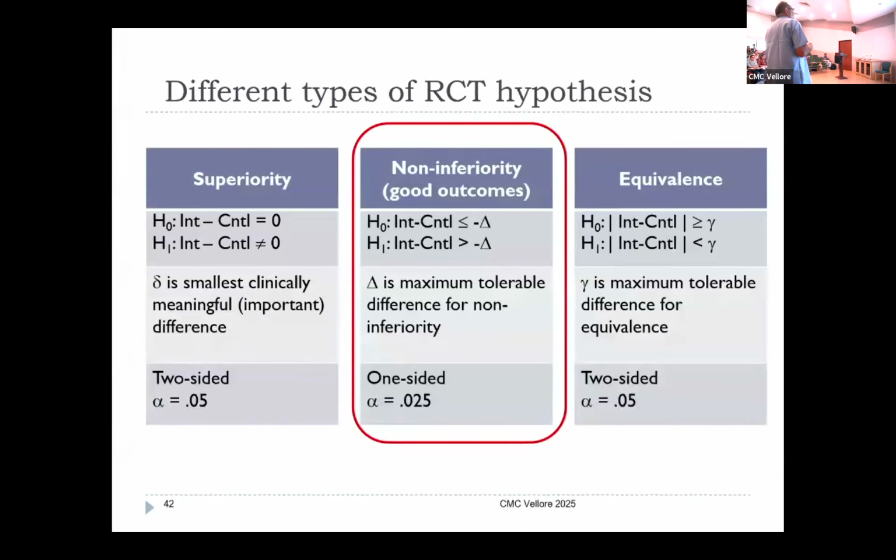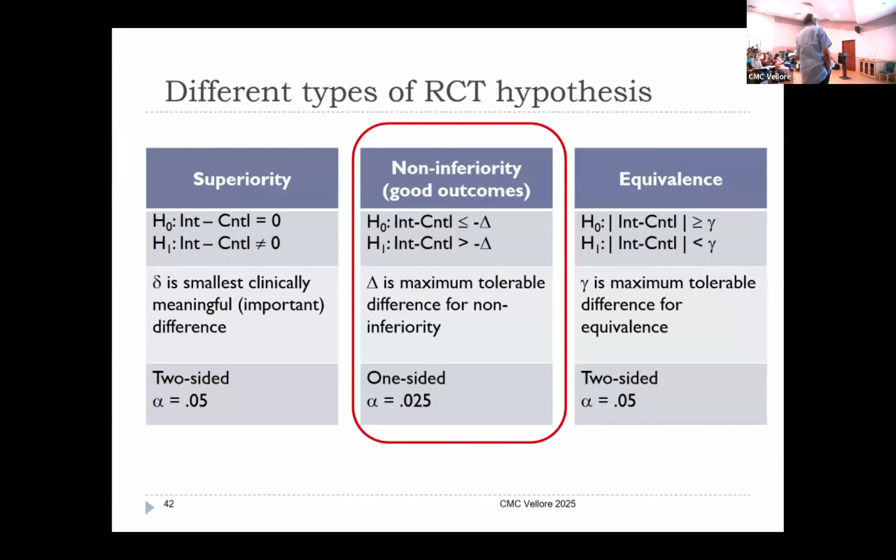So the hypothesis, to make them different, I change this to gamma. But superiority is, let's use this, that intervention minus control. The null hypothesis is that there's no difference and that there are differences here. Non-inferiority is in one direction, saying that it's less than that. Equivalence is in both directions.